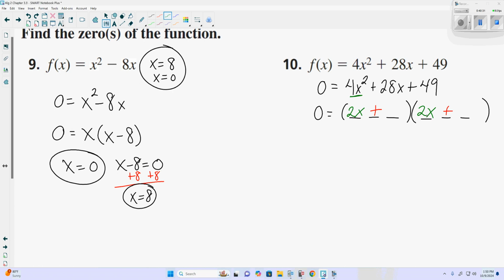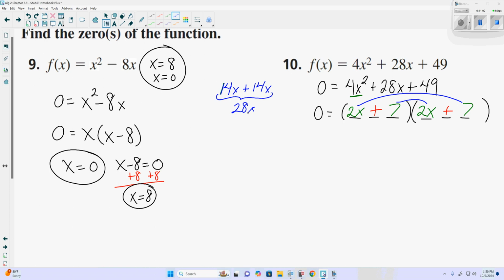Factors of 49. 1 and 49 or 7 and 7. We'll want 7 and 7. And if we do check this here, 2x times positive 7 is 14x. 7 times positive 2x is plus 14x. 14x plus 14x is 28x.